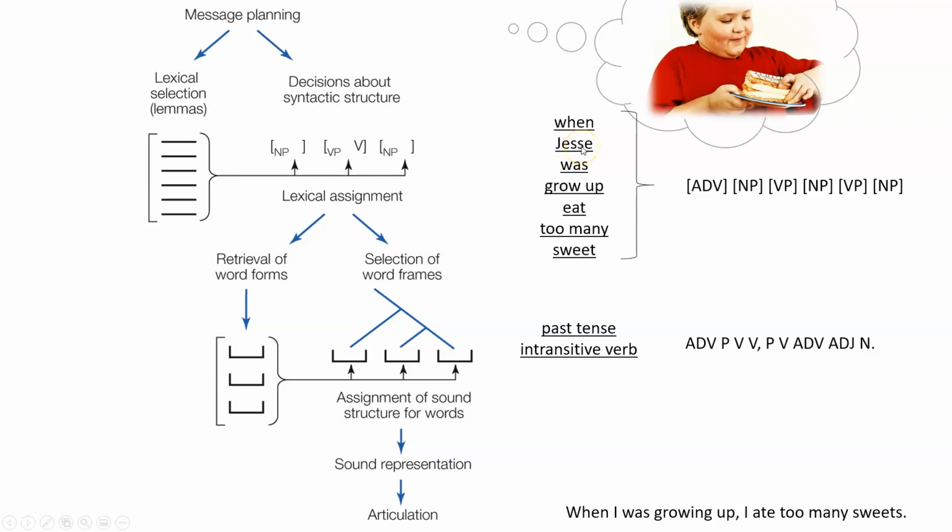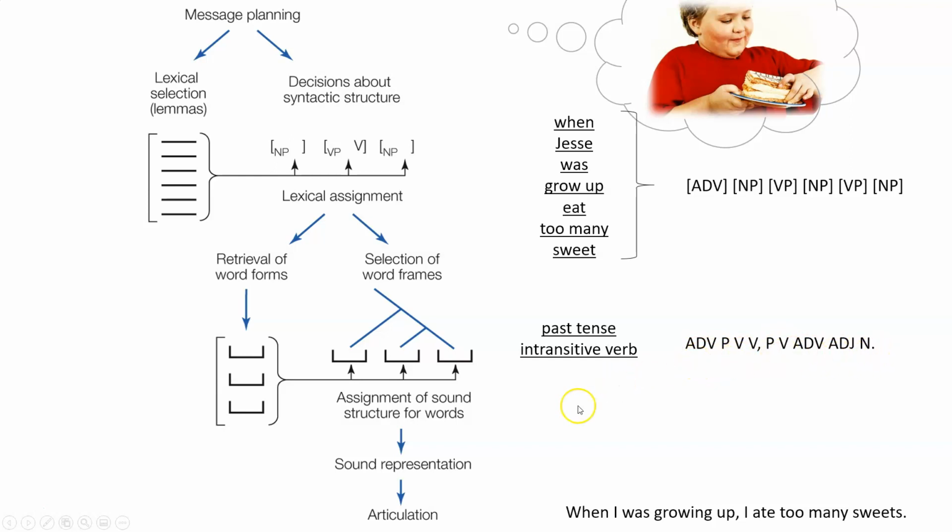So Jesse is the base word, but because I'm talking about myself, I'm actually going to replace this concept of Jesse with I. And here I originally selected the lemma grow up, but I really need to switch this to growing up because this is the past tense intransitive verb form. And so at this point, I'm recognizing that I've got to take these lemmas and twist them into some particular tense and particular verb form that can then fit into the overall, even more complicated skeleton structure of my sentence.